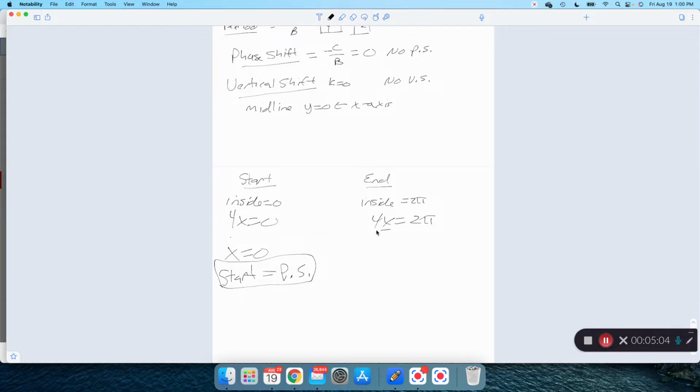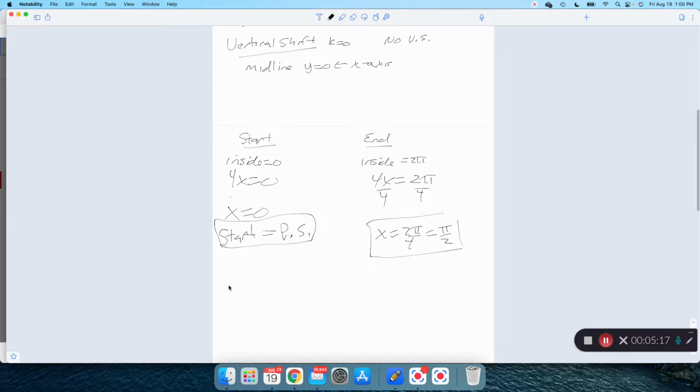Here, let's divide both sides by 4 and get x equals 2 pi over 4, which we could reduce to pi over 2. Another check here. End minus start will always equal the period.